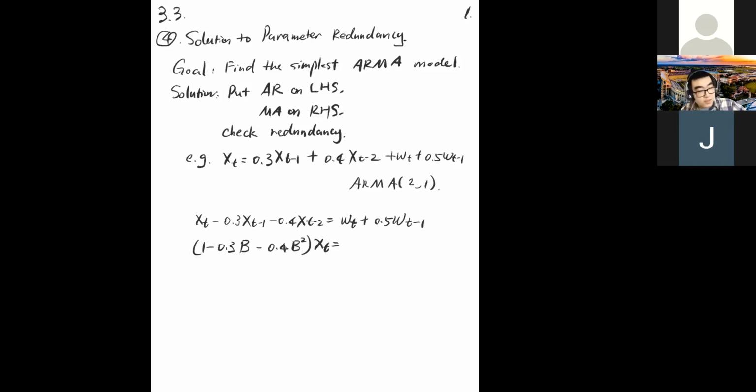And this is, I think, 1 plus 0.5 wt. No, sorry, 1.5b. Okay. So what we want to check is if this part and this part have some overlap.